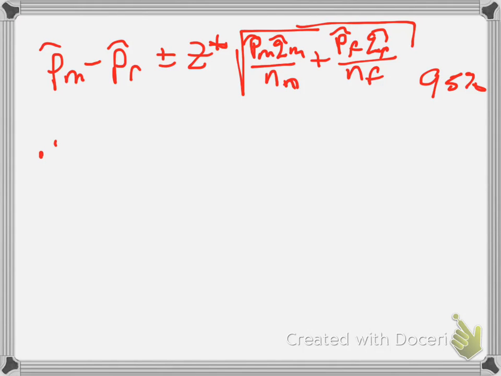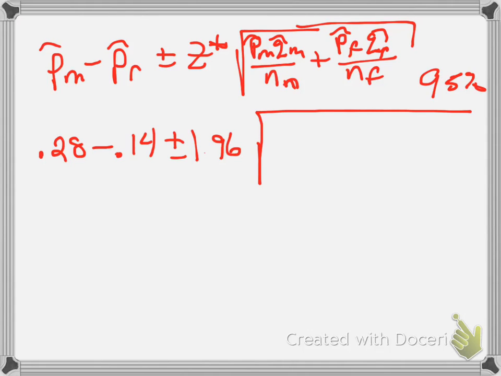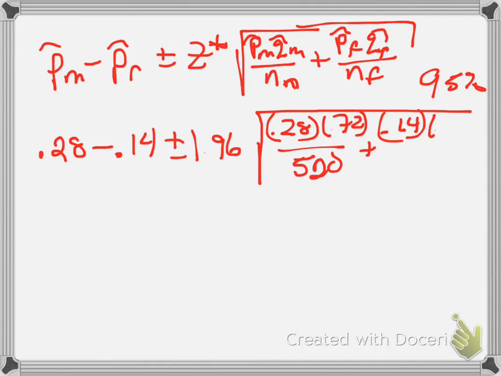So this is going to be 0.28 minus 0.14 plus or minus 1.96 times, I am not going to get this all in here, the square root of 0.28 times 0.72 divided by 506 plus 0.14 times 0.86 divided by 520. Oh, I'm surprised. Okay, now I'm going to go to my calculator and find out what the answer is.